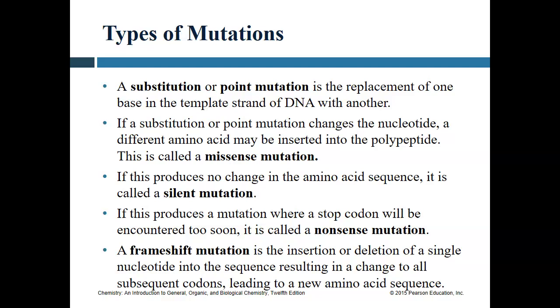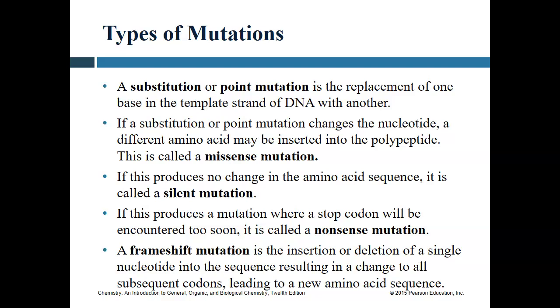If the resulting translation results in a new amino acid being put on, then what we have is a missense mutation. If we happen to get a mutation that actually doesn't yield anything different, then it's called a silent mutation.